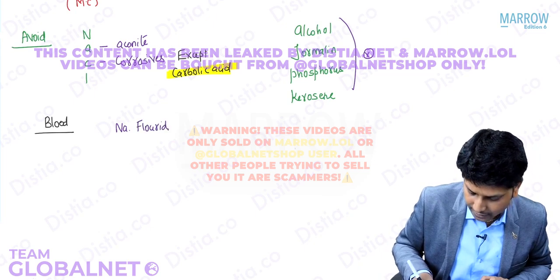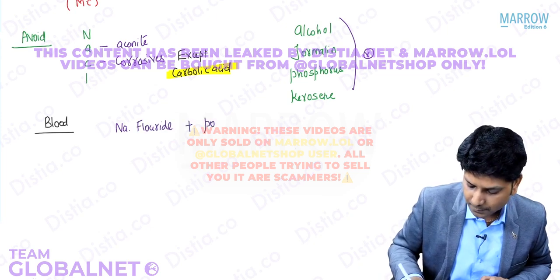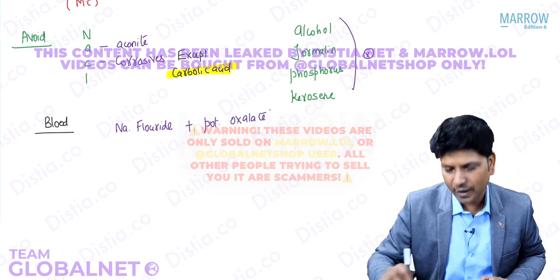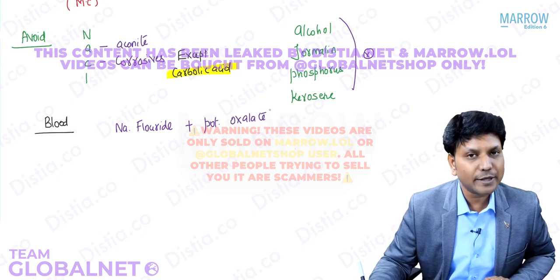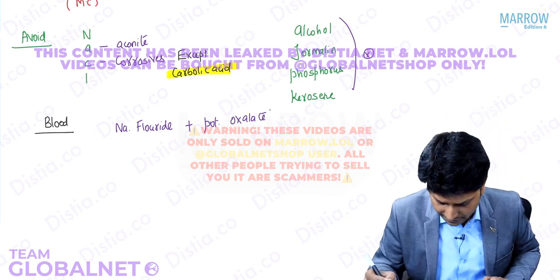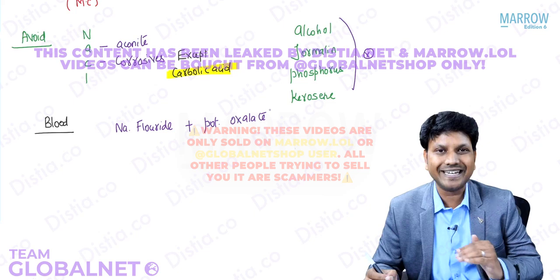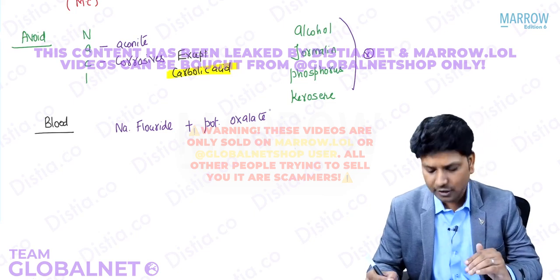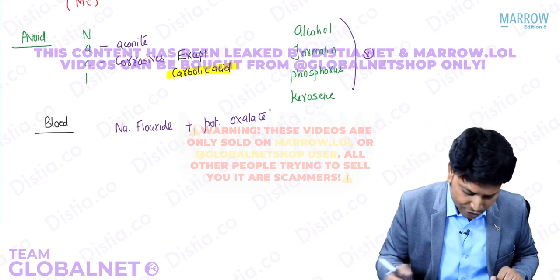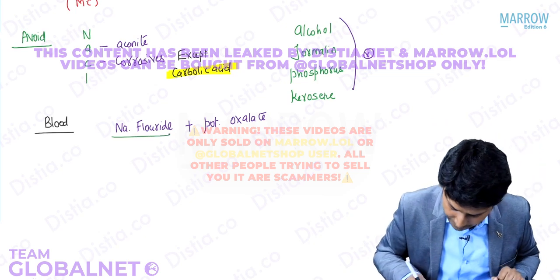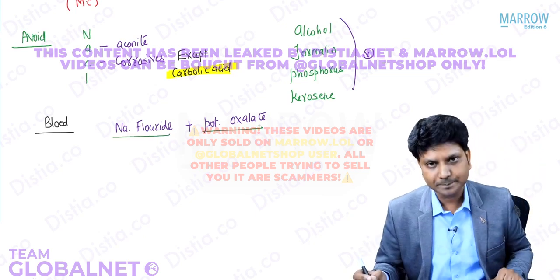You can choose a combination of sodium fluoride with potassium oxalate. Very, very important combination. Potassium oxalate is an anticoagulant, whereas sodium fluoride will stop the bacterial growth.